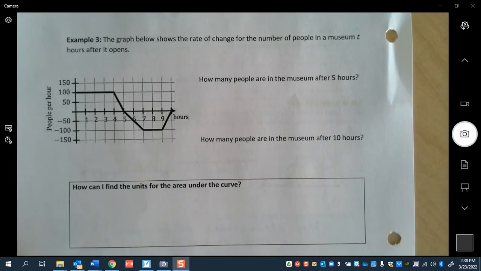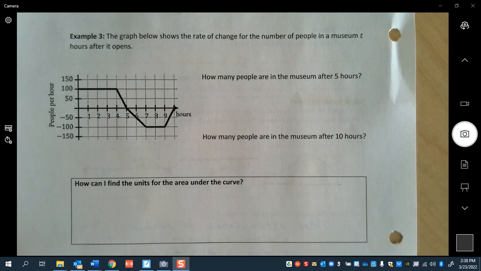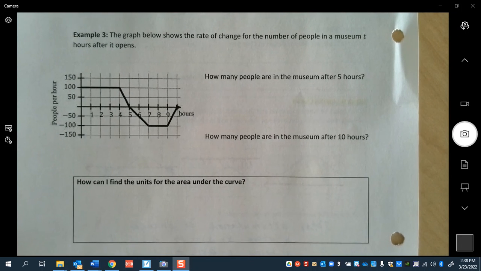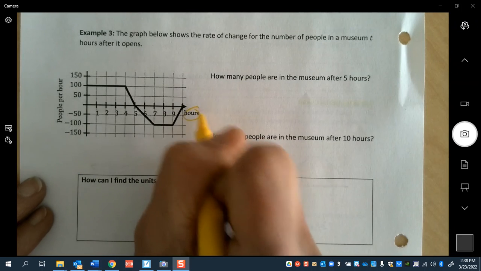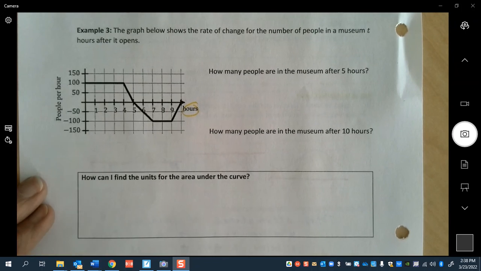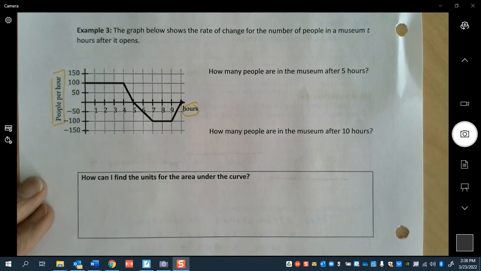All right, so we'll go ahead and talk about example 3. The graph below shows the rate of change for the number of people in a museum after it opens. So here's an interesting conversation. Take a look carefully at your units. This is how much time has gone by, hours, and here is my rate of people per hour.